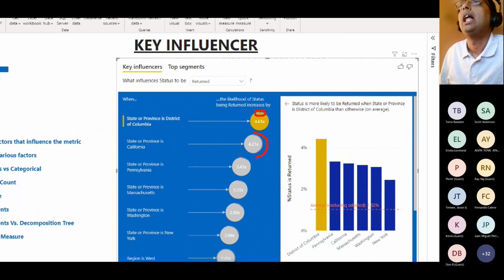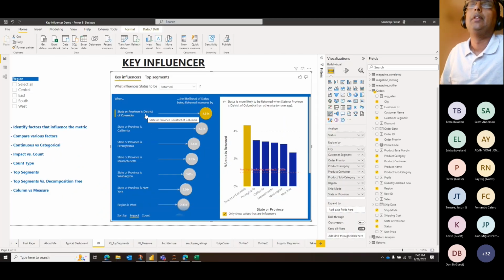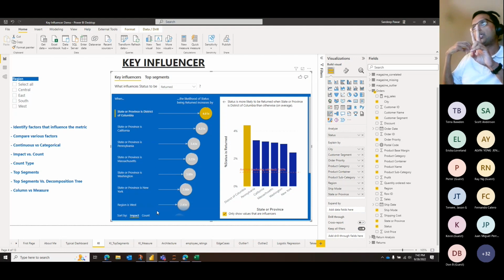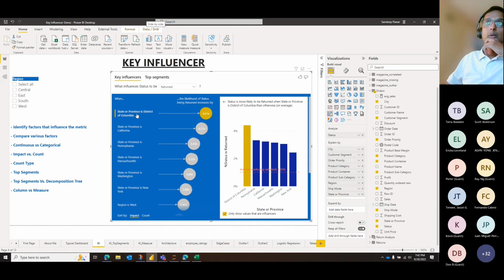Do you see this? And this is a very smart thing that the Power BI team did, because there are two different things. Something could be making an impact, but the overall proportion of that thing in the overall data could be very, very small. And that's exactly what is happening in this case.